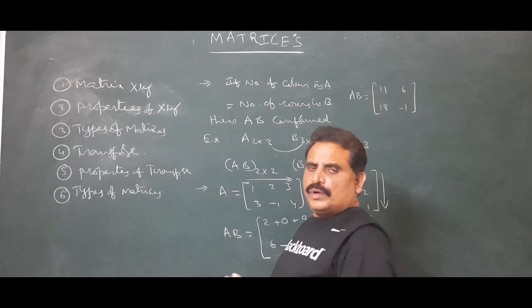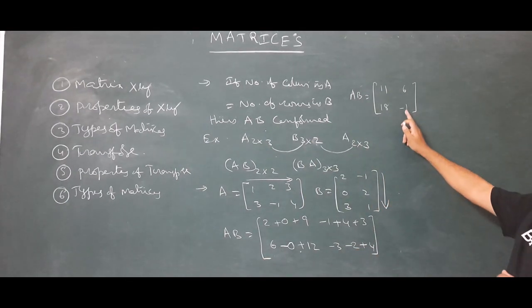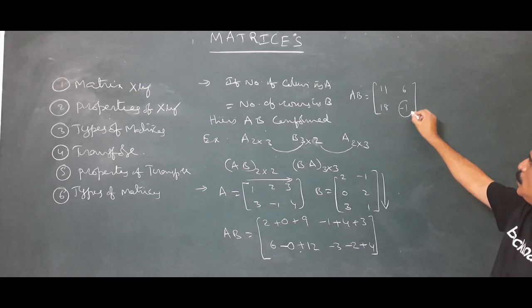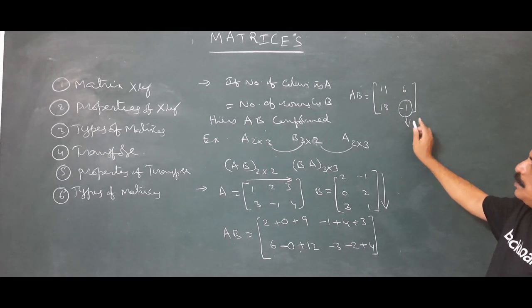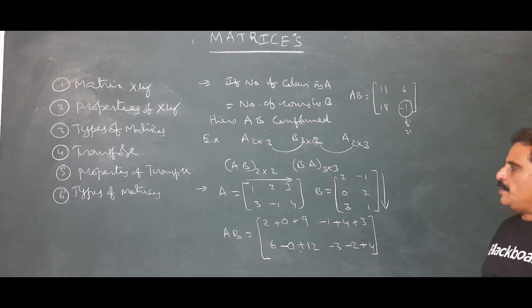So if you want a particular element, for example this number, this position is second row, second element.